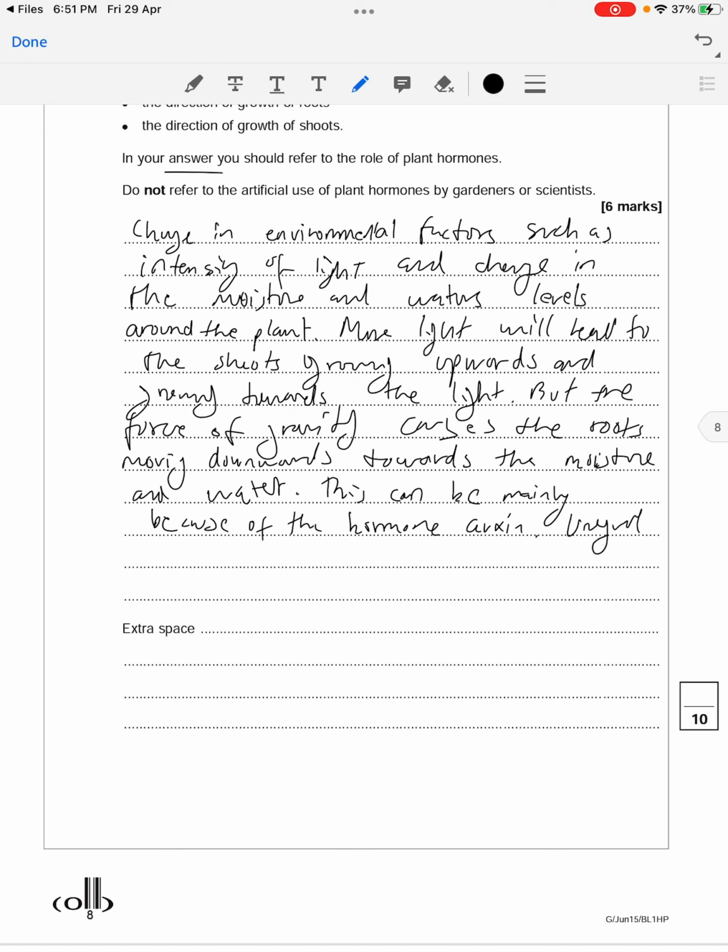And the unequal distribution of hormone causes unequal growth rates. All right. Okay, you can also name other hormones if you like. You can say the higher concentration of hormone causes faster growth rate in shoots. Higher concentration of hormone causes slower growth rates in roots as well.